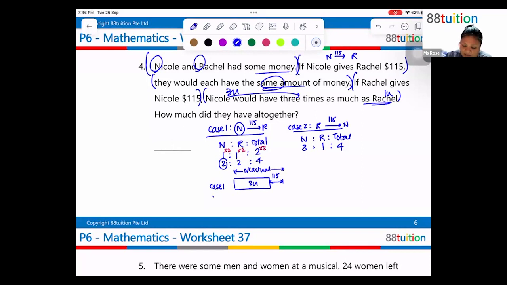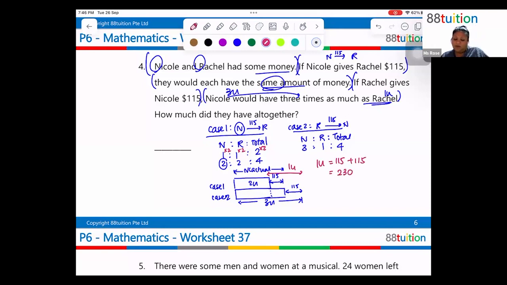Now, case 2, what happened is when Nicole received 115, that means on top of her money. So this is her actual money. She received another 115. This becomes 3 units. So make parts equal. That means this part here will be equal to 1 unit. So 1 unit is equal to 115 plus 115 to give me 230.